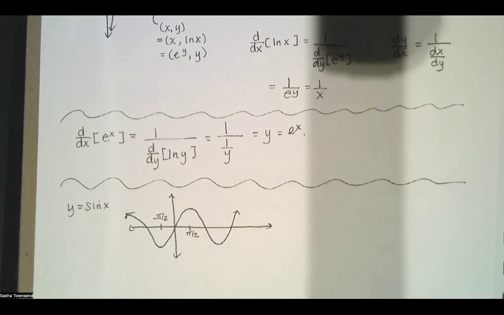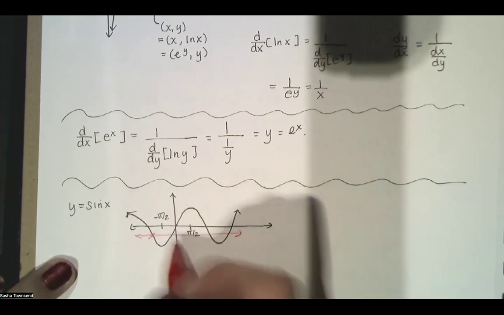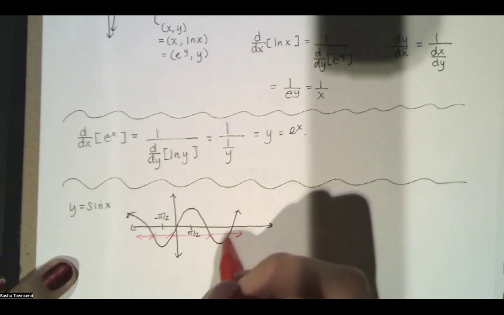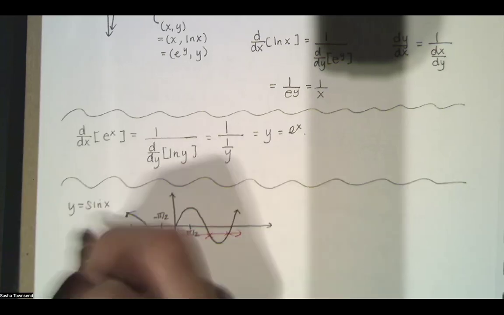Well, no. As it traditionally stands, it does not have an inverse, because if I draw any horizontal line where y is equal to a constant, and that constant is between -1 and 1, that horizontal line is going to cross the graph of y equals sine of x infinitely many times. Way too many times for this function to have an inverse. So this function does not have an inverse as it's originally written.